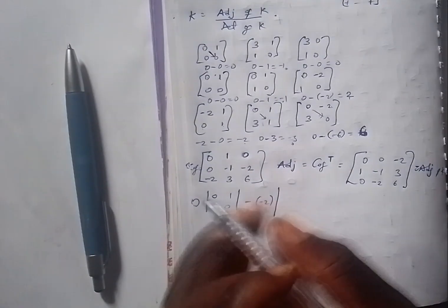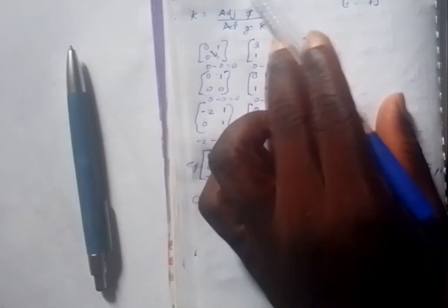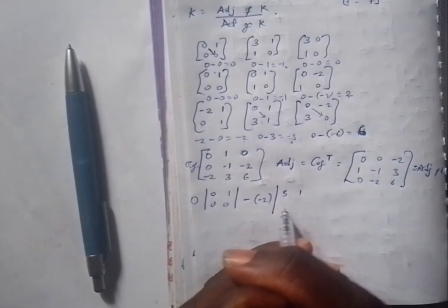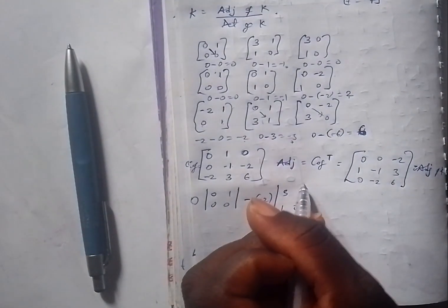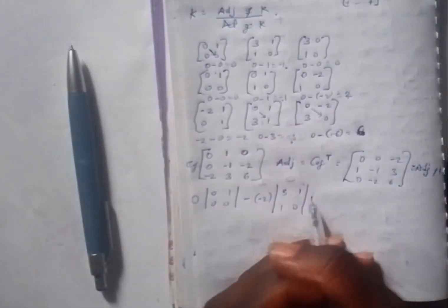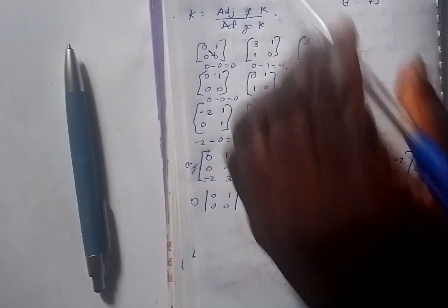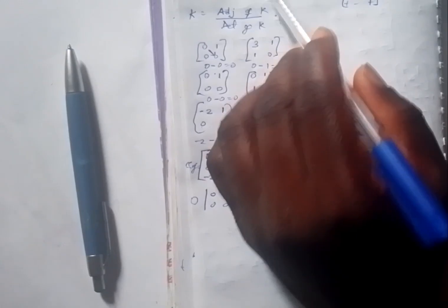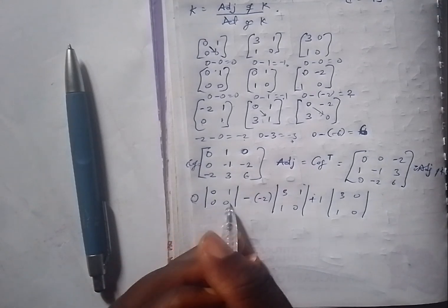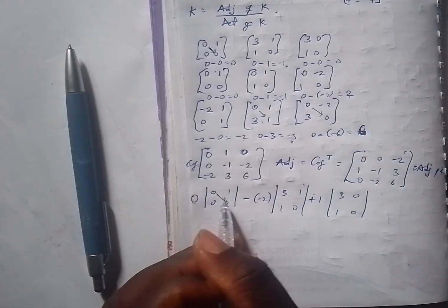Now for 2, when I cover the row and column of 2, I'll have 3, 1, 1, 0. Then now plus 1. Now when I cover the row and column of 1, I have 3, 0, 1, 0. Just like this symbol implies, we have to find the determinant here.